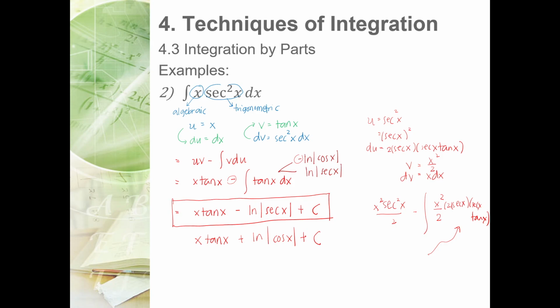So probably the purpose of choosing the most complicated term as your dv is so that it simplifies later on afterwards. So go ahead and try it; you will discover that if you try to reverse them, your equation becomes more difficult. Okay?